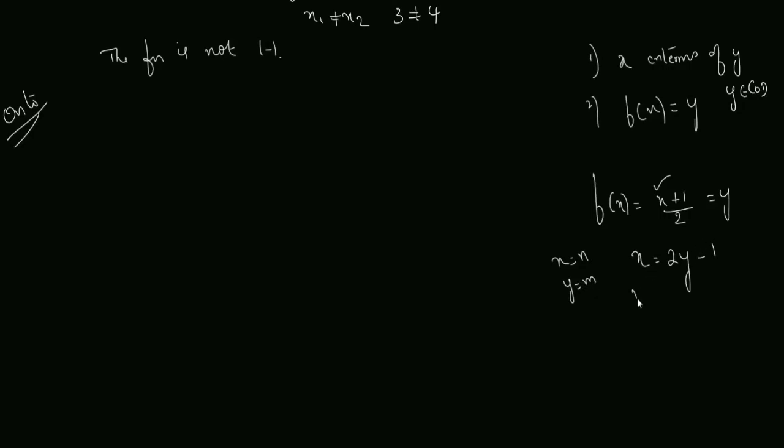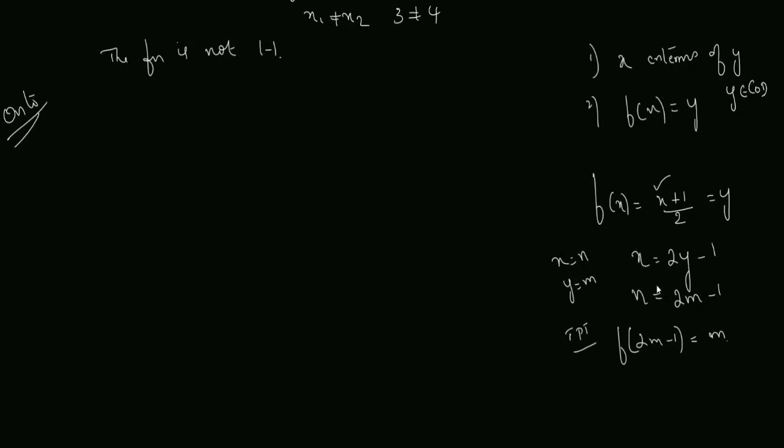So this is n equal to 2m minus 1. Then we have to prove f of x is equal to y. That means we have to prove f of n, where n is nothing but 2m minus 1, is equal to m, y.